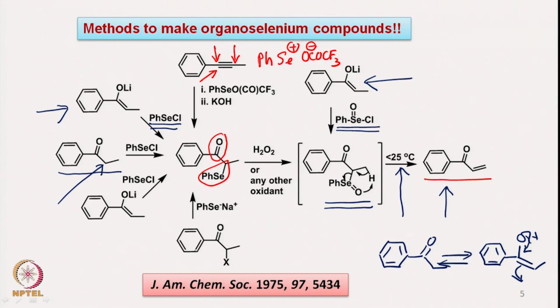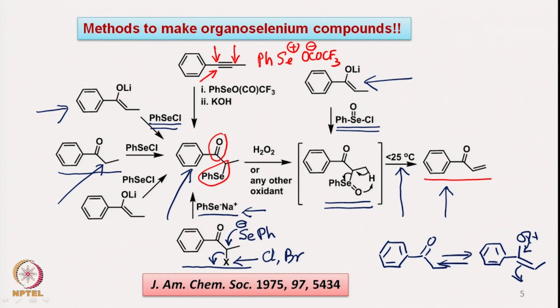This reaction here is from alpha halo. For example, here one can take chlorine or bromine, any such leaving group, and then have a nucleophilic selenide here, for example sodium phenyl selenide, which can directly attack at this and let the halide go, and one can form the corresponding alpha selenoketone, which gives under the same conditions alpha beta unsaturated ketone.